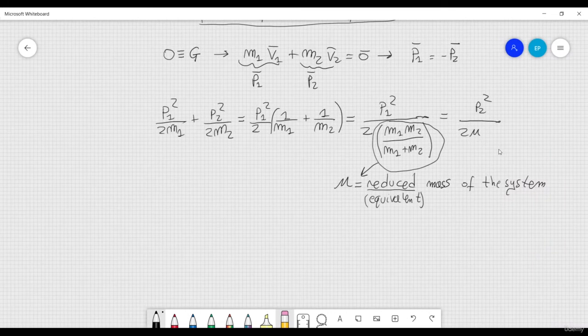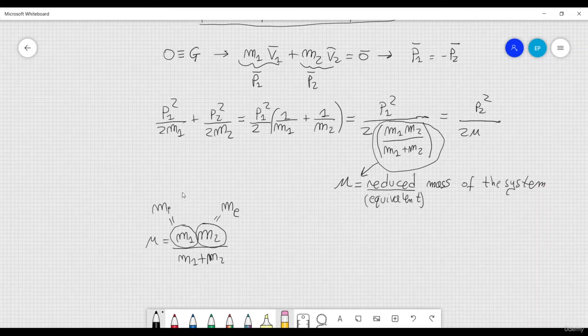And therefore, now we have simplified our expression. And let me say something more on this constant mu here. This constant mu, which is equal to m1 m2 divided by m1 plus m2. Now let's assume that m2 is the electron, so it's me if you want. It's the mass of the electron, whereas m1 is the mass of the proton.